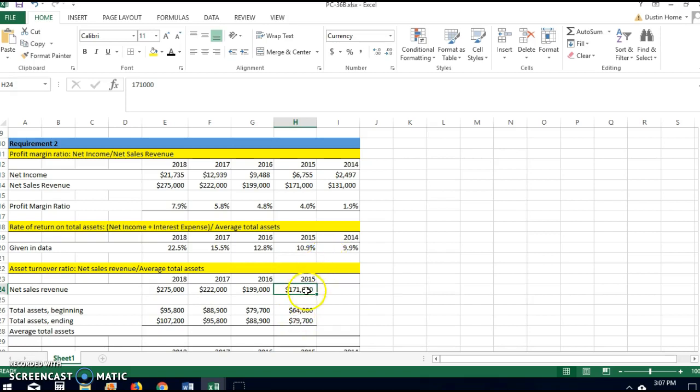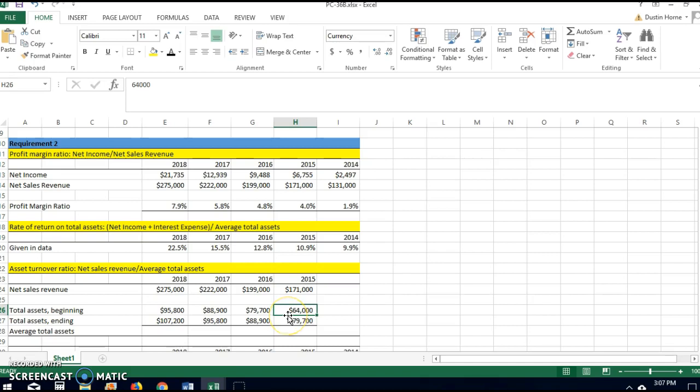To get your average total assets, you take this year's balance and you take last year's balance, which would be the beginning balance, and then the ending balance is this year's. And what you do is you average those. So that is why we did not include 2014, because we do not have 2013's information. So this is how we got these numbers.